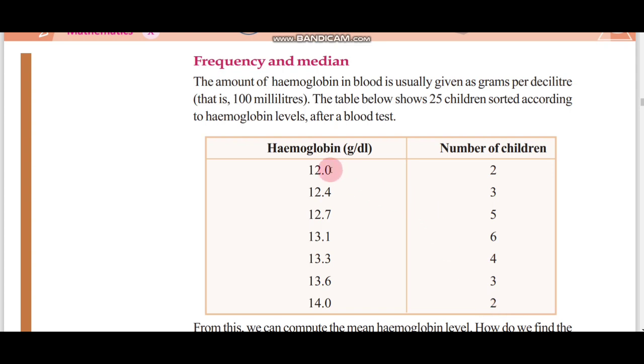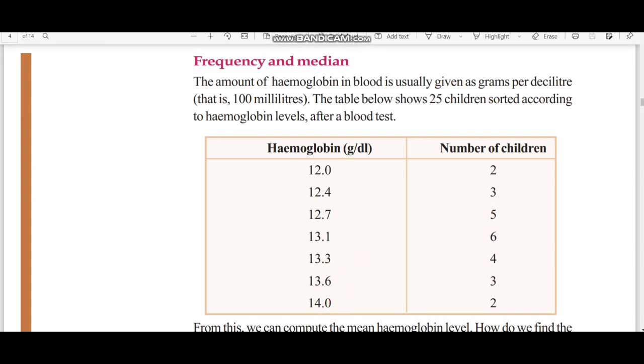So the hemoglobin level is written in increasing order here, right? That is 12.0, 12.4, 12.7, 13.1, 13.3, 13.6, 14.0.